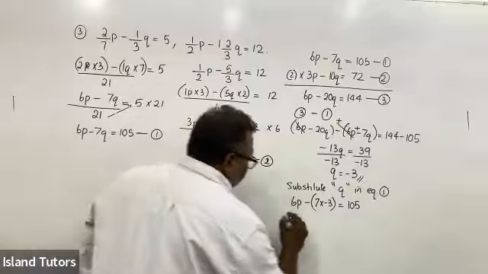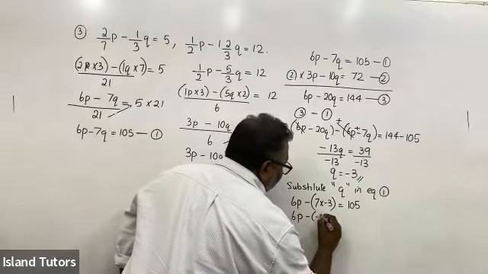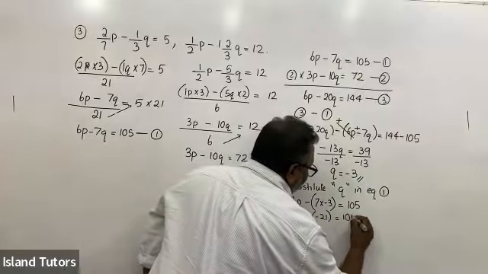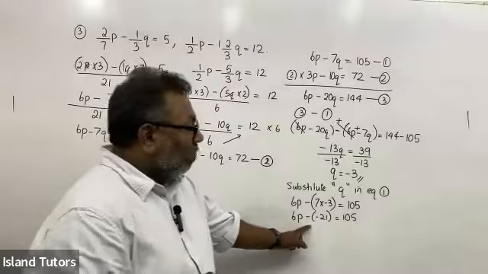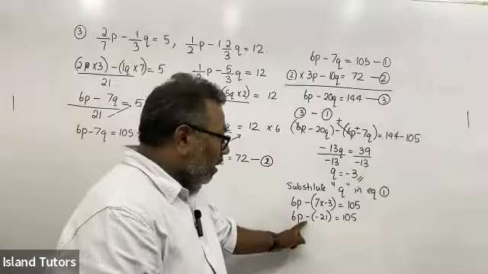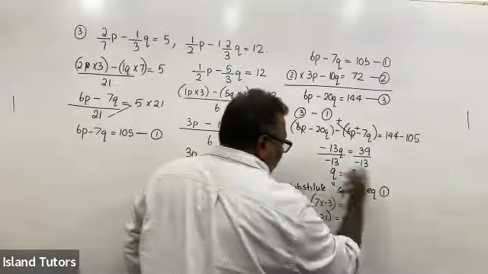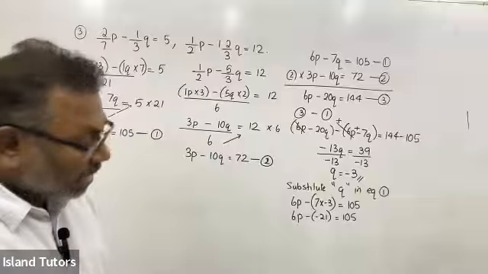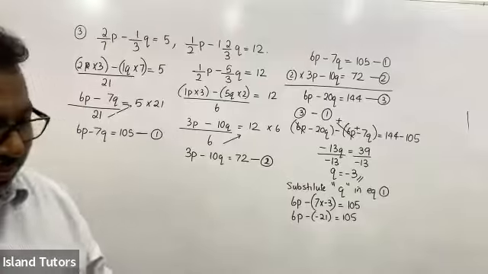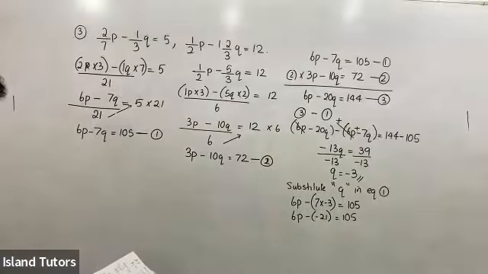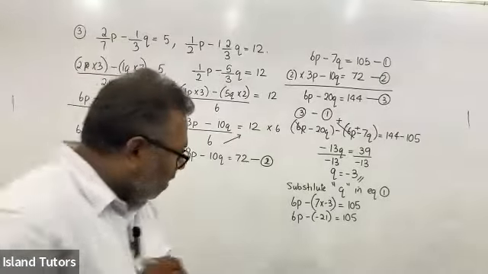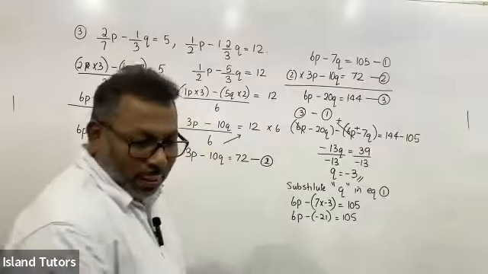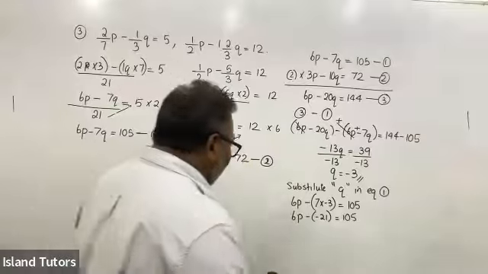Okay. So 6p minus 21 is equal to 105. Minus 21. So what do you need to do? Take the minus 21 to the other side. So 21 plus 105 is how much? 126.